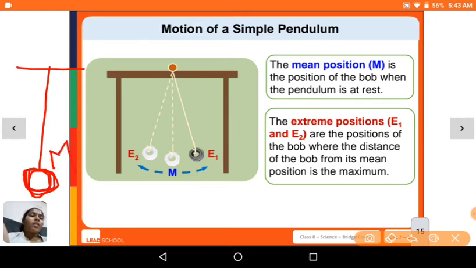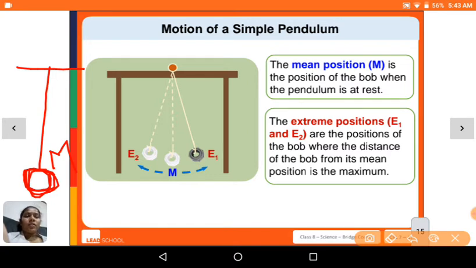Now the extreme positions E1 and E2 are the positions of the bob where the distance of the bob from its mean position is the maximum. Now the second point is extreme position. It is denoted as E1 and E2.